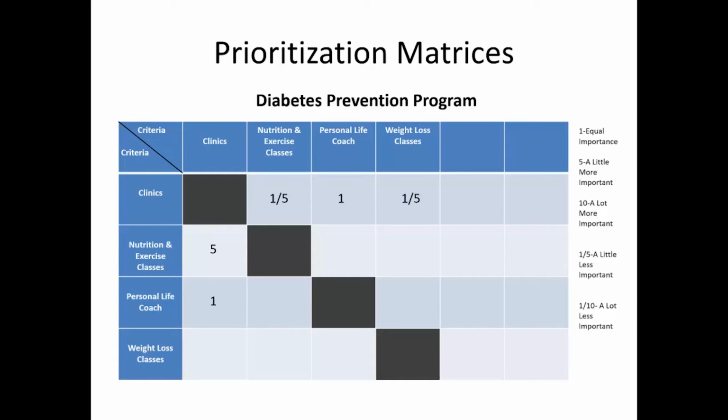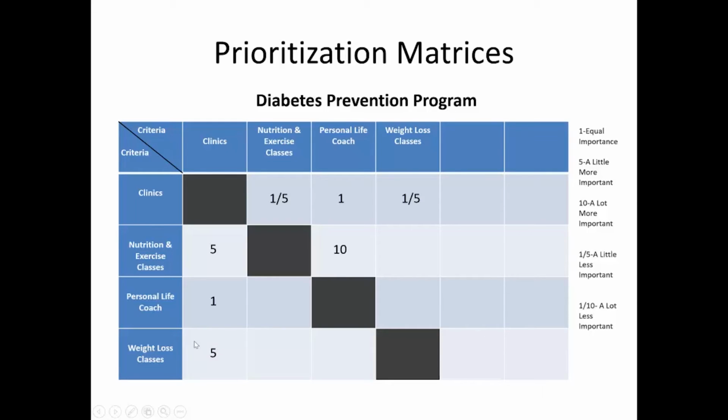So now I'll compare a personal life coach with clinics, saying that a personal life coach is of equal importance to the clinics example, and that weight loss classes are a little more important than clinics.